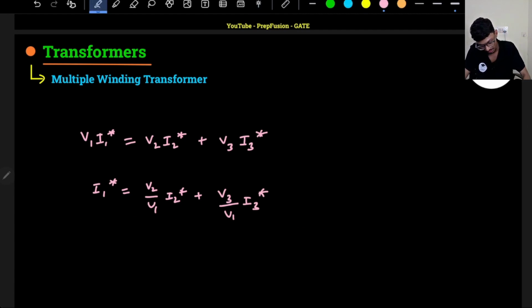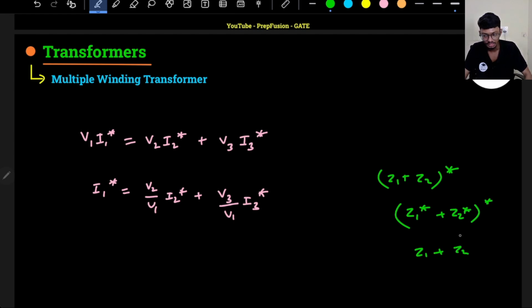I hope you remember this property: if I have two complex numbers, Z1 and Z2, and I add them and take the whole conjugate, it will be Z1 conjugate plus Z2 conjugate. Now if I do the reverse and take the conjugate again, this will be Z1 plus Z2, because the conjugate of Z1 conjugate is Z1 only.